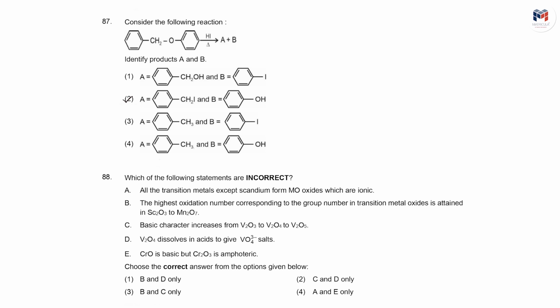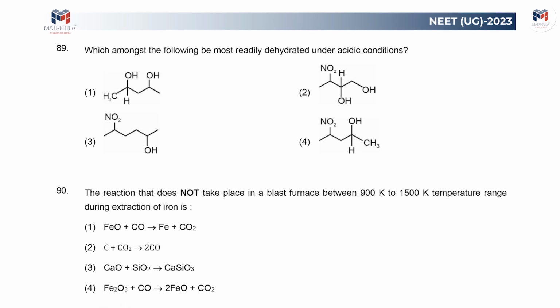Choose the correct answer from the options given below. The answer is option number 2, C and D only. Question number 89. Which amongst the following be most readily dehydrated under acidic conditions? The answer is option number 3.